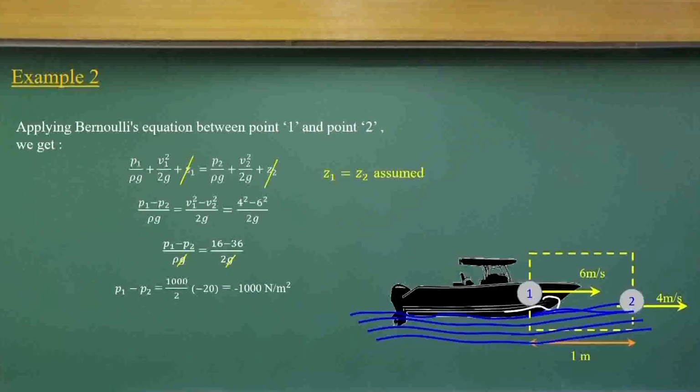So, we will just apply Bernoulli's equation between 1 and 2, because they are at the same horizontal level, Z1 equals Z2, only the pressure head will be equated with the velocity head, and by substituting the pressures and the velocities, we will get the pressure difference. It is a very simple problem, but you have to visualize how it looks. So, you have to sketch it.